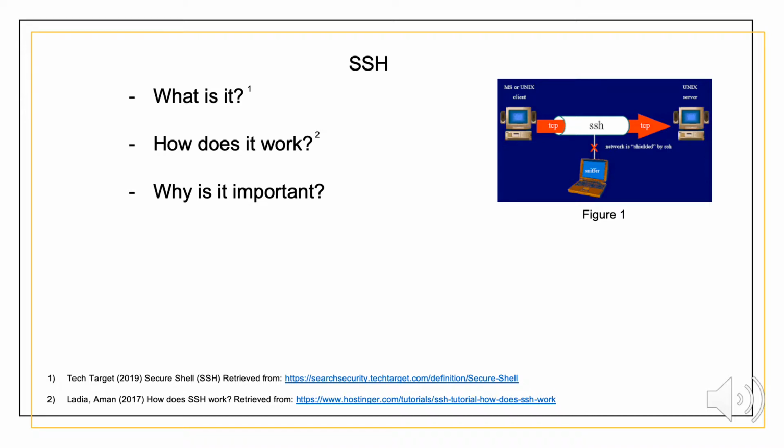Next, how does it do this, or how does it work? SSH uses cryptographic encryption and the client-server model, which is connecting a secure shell client application, which is the end of the session where it is displayed, with an SSH server, the end at which the session runs, as depicted in Figure 1.